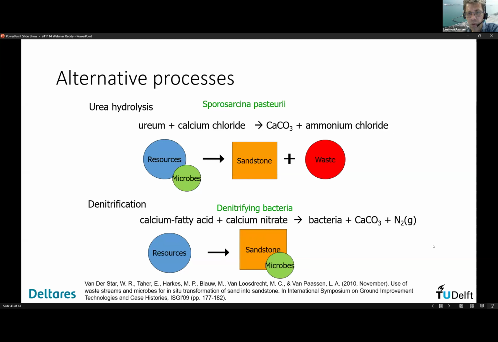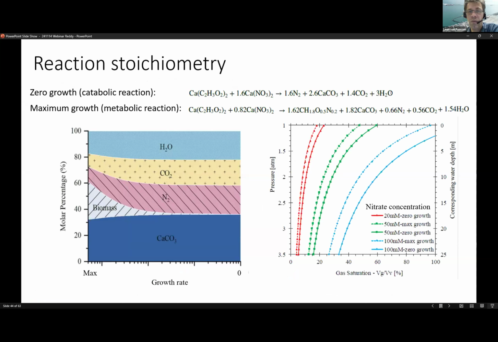So looking into that process as an alternative to produce calcium carbonate, again, from the theory we could predict the different kinds of reactions, what chemical reactions are happening. And here, the chemical reaction would depend on the amount of biomass growth.